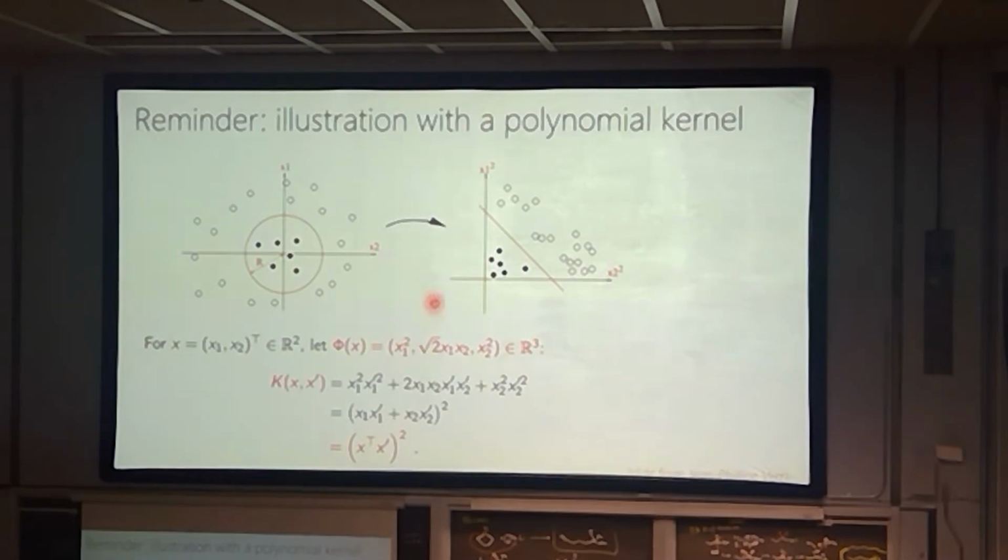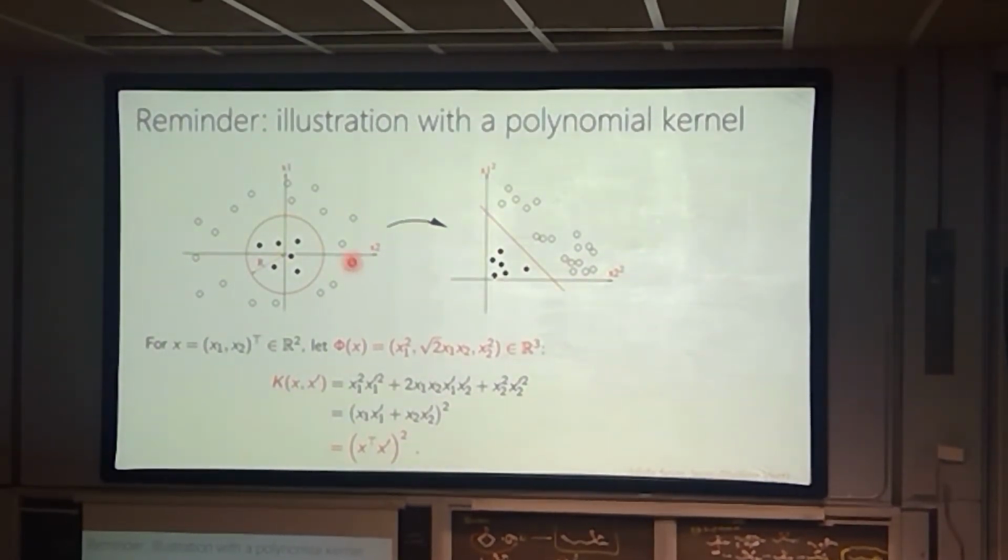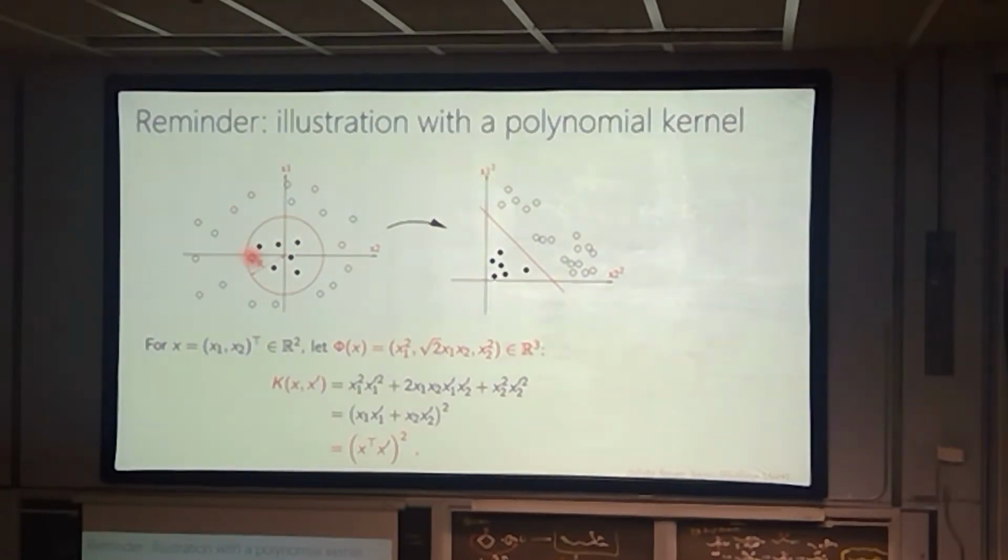I always like this example, maybe because when I first learned kernels, I learned about it. Imagine you had two classes, one on the inside of a circle, the other on the outside of a circle. If I use a basic quadratic kernel, then I go from the original space, in which there's not a single linear separating hyperplane, to a transformed space in which there is, right?